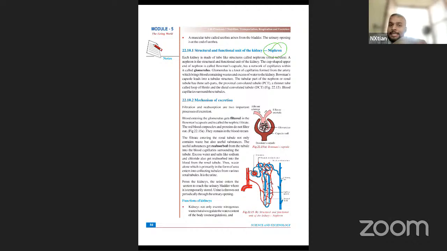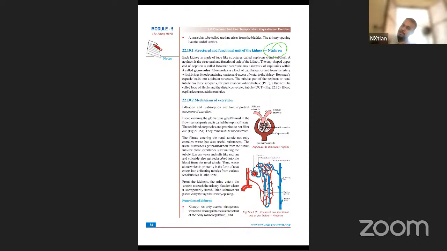Do you know how to make tea? Tea, like which we drink. When you're making tea, we put chai patti, tea leaves, and sugar.